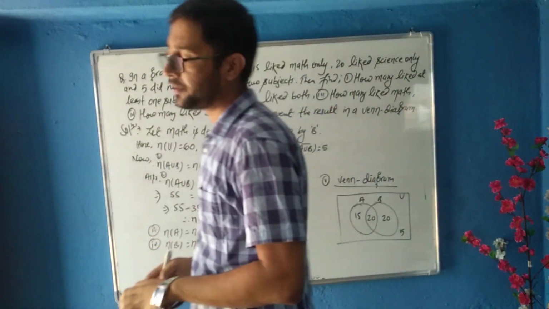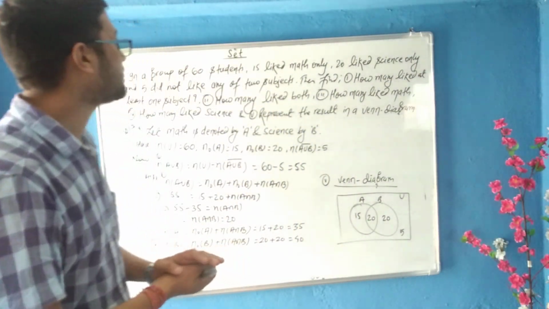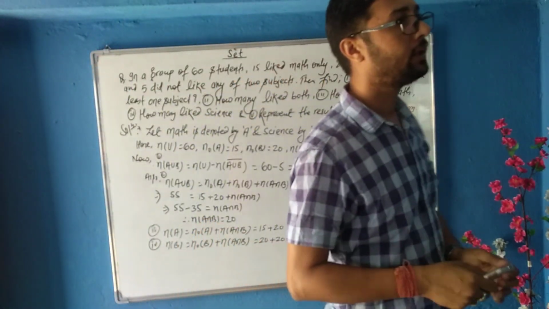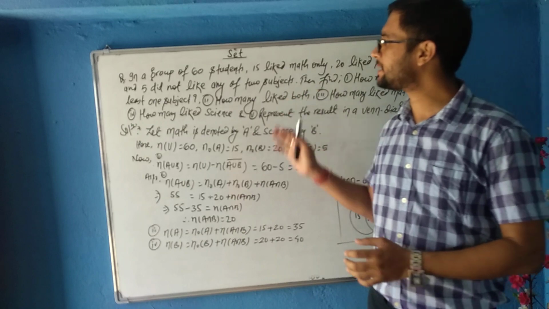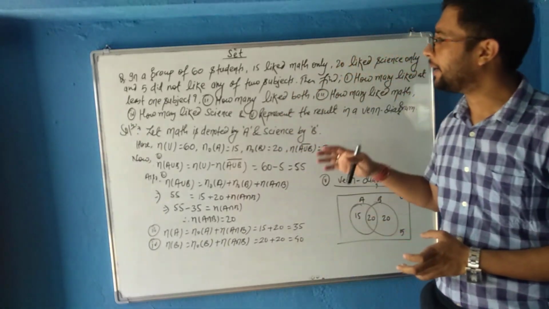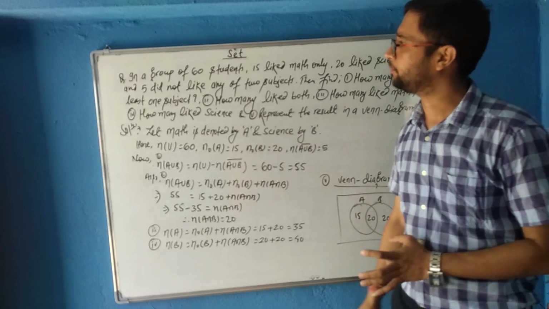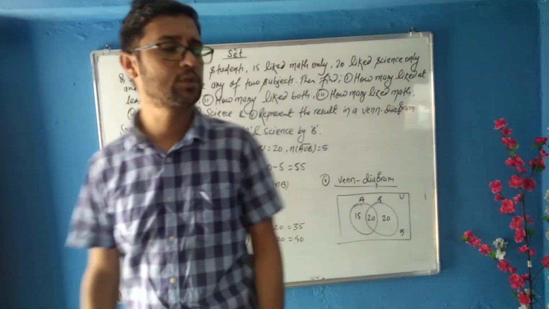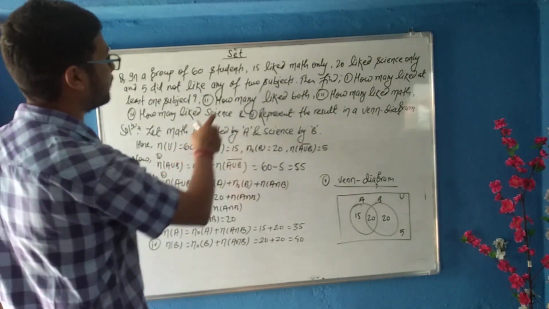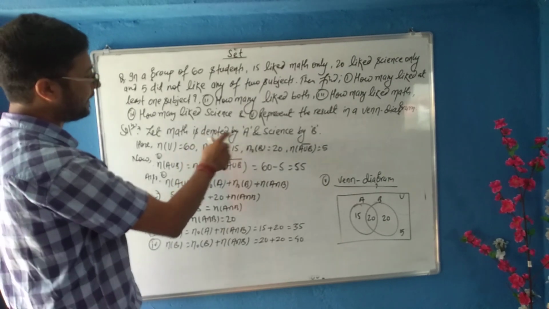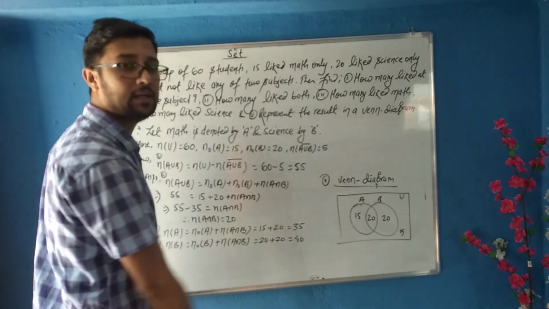So next we are going to learn the next type of question where only is given. Previously we learned three types, now the next type is where only is given. In a group of 60 students, all of you know n(U) equals 60. 15 like math only, meaning n(A only) is 15.